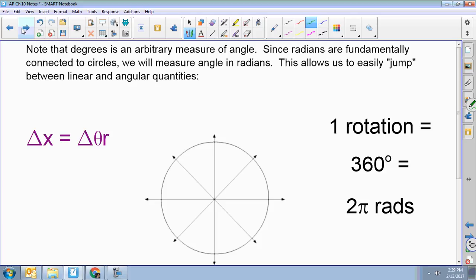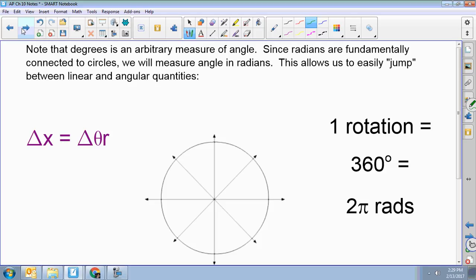When I do that, the orange tape goes through an angular displacement of a quarter of a rotation, or pi over 2 radians. But also, the tape moves linearly. There's a linear displacement from here to here. And so very often, there are times when you want to figure out, okay, this thing went through this angle, but how far did it actually travel linearly?